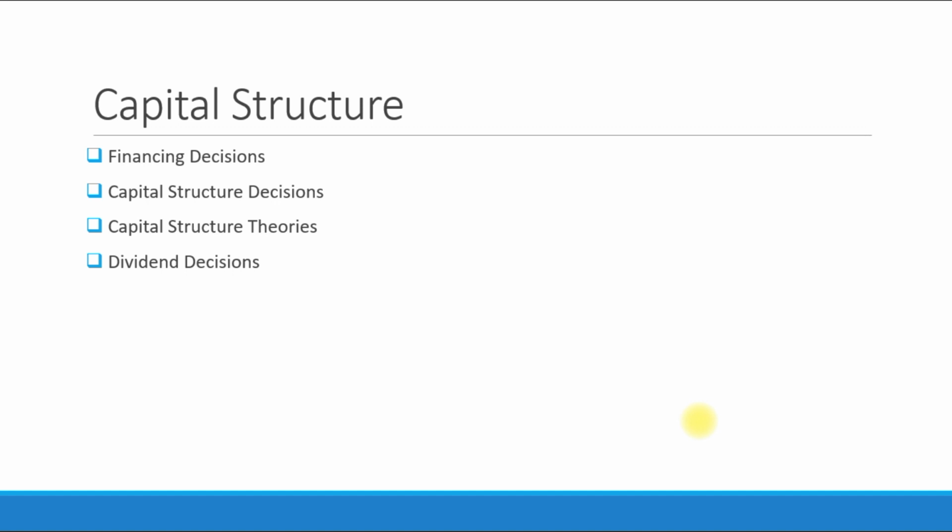So in this section on capital structure, we will cover financing decisions, capital structure decisions, capital structure theories, and dividend decisions. We will start by explaining financing decisions and then go on explaining cost of capital and weighted average cost of capital.